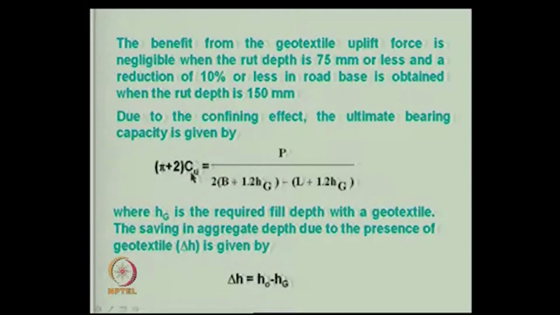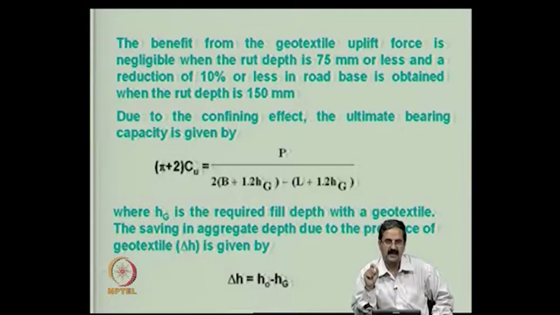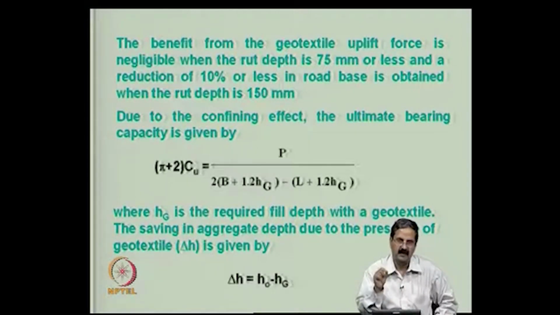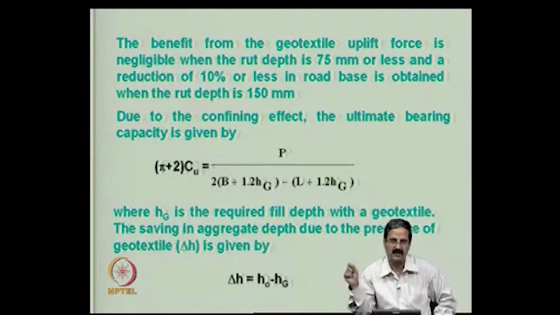What we are assuming is, I told you one simple assumption, that at the elastic limit the load is pi Cu and it becomes pi plus 2 Cu at the plastic limit. Now, with the introduction of the load, I will say that the load can be taken from elastic to plastic only, because the contamination is not there now.